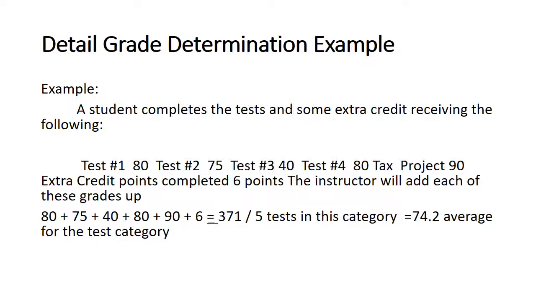Now, something else to remember. When you see the average for your quiz or your tax returns or your graded assignments, I already have that set up as if everything was done for the semester. So if you get 100 on your first quiz, it's going to take 100 divided by 12 quizzes, and that's going to be your average.